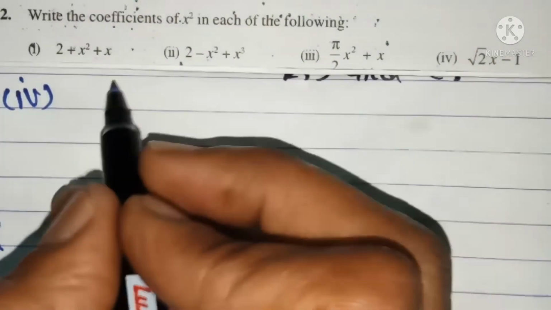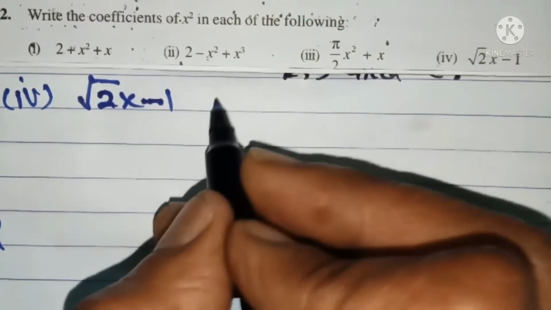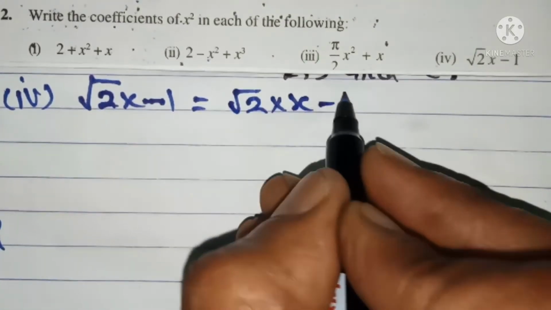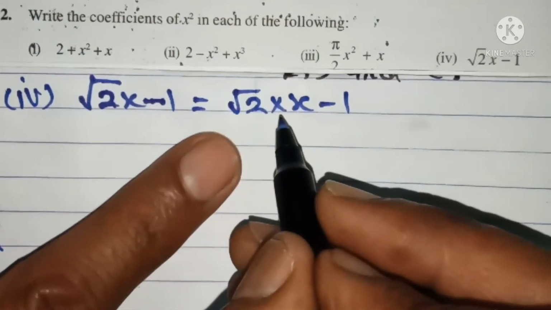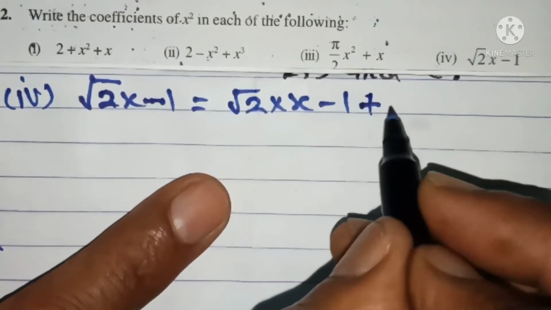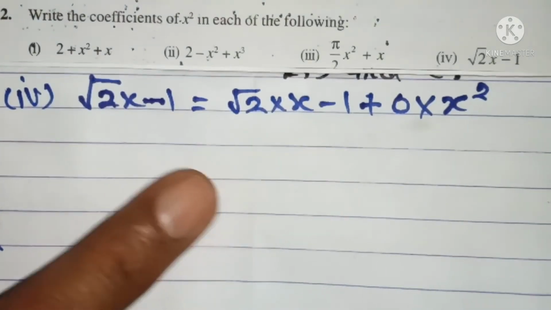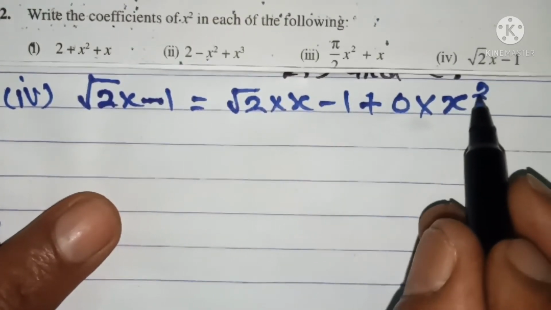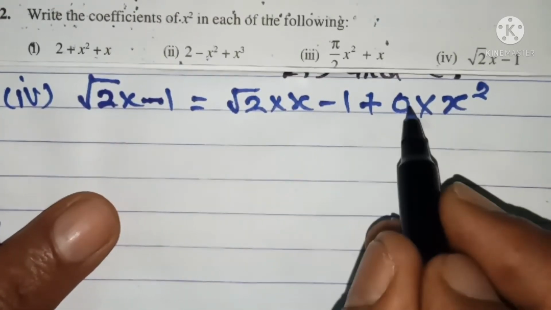Fourth part of question number 2, we are given root 2 x minus 1, which can be written as root 2 into x minus 1. Here we can see that there is no x to the power 2. If we have to introduce it, then we can write it as 0 into x to the power 2, because there is no x square, and to introduce it we have to multiply it by 0.